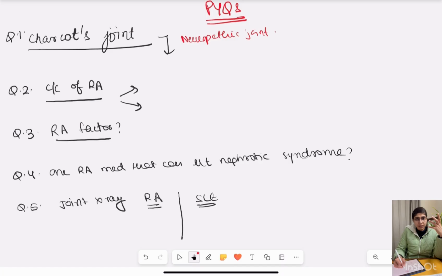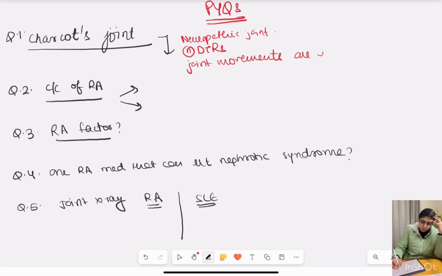So nerve plus joint, Charcot joint. Now if you ask me how are the deep tendon reflexes in Charcot joint, they are normal and the joint movements are reduced. It is not an inflammatory joint pathology.